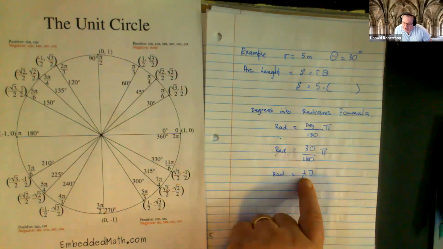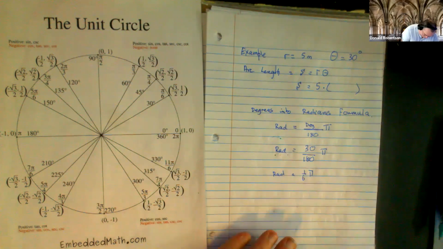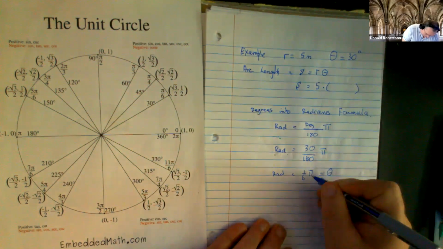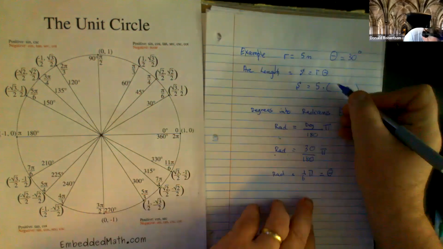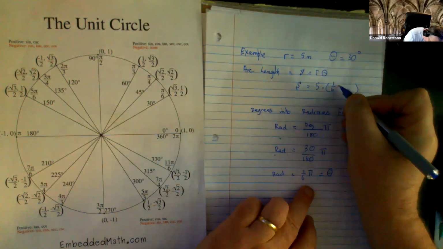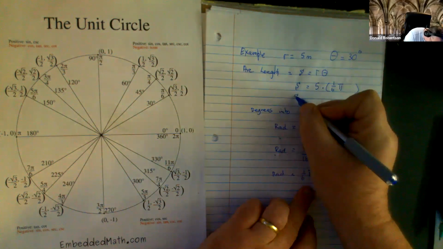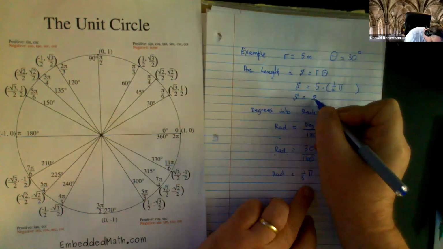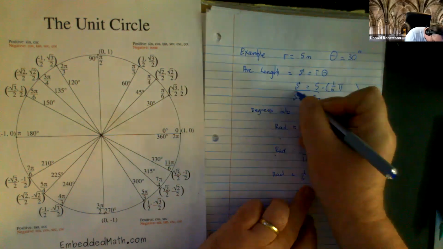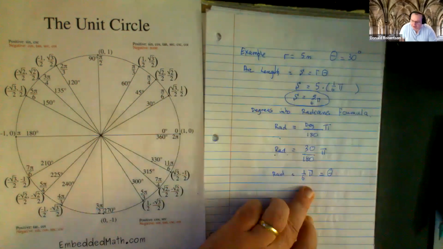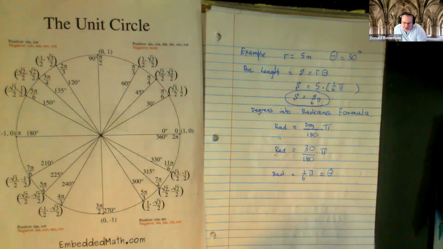So I now know what the angle is that I need to use. That is the real value of theta. So up here is going to be 1/6 pi, and I get the answer that the arc length would be 5/6 pi, which is about 3 and a bit, roughly.